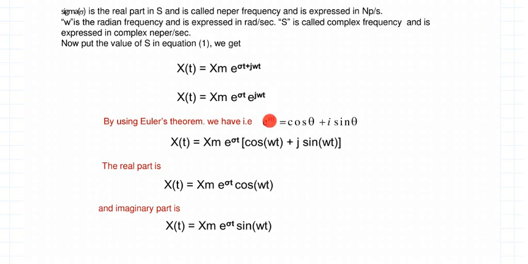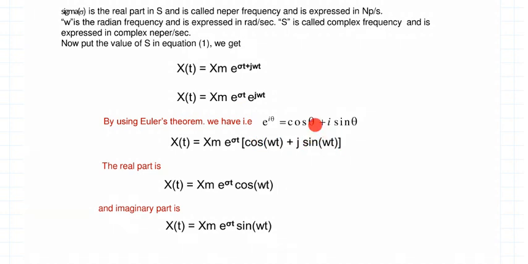If I compare these two equations, my theta here is omega t. So it is e raised to j theta, where theta with respect to my example is omega t. If I apply this equation to the term here, I get cos of omega t plus j sin of omega t.